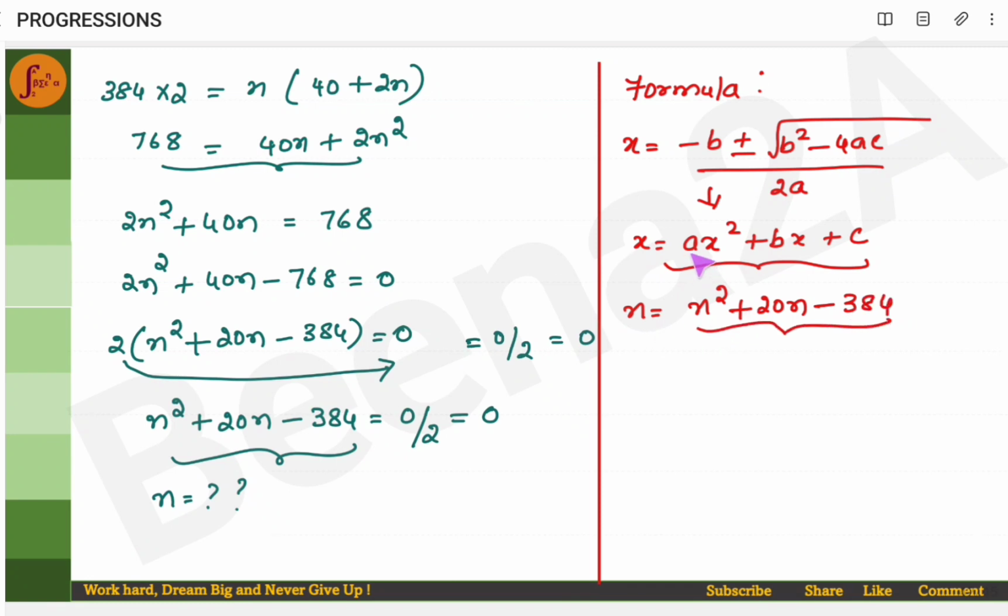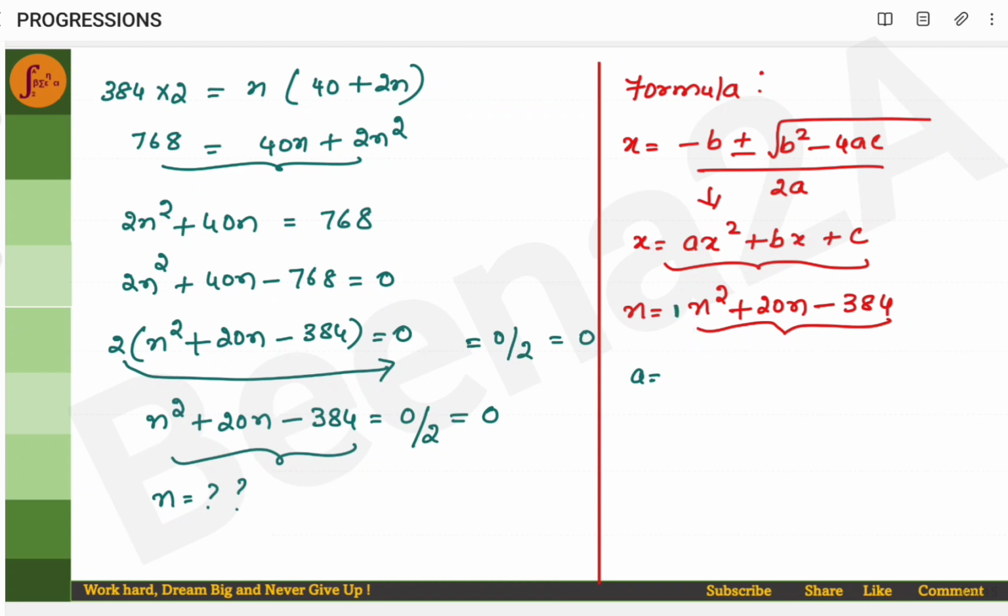What are a, b and c? A is the coefficient of x square, b is the coefficient of x, and c is the number, only the number without any x. Now in this particular equation, what is the coefficient of n square? 1.